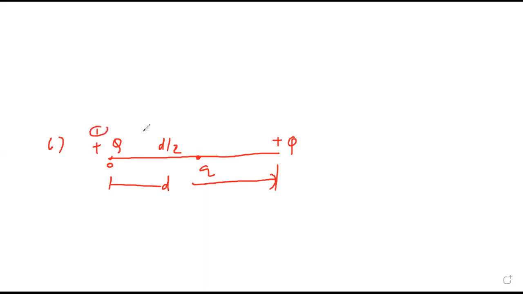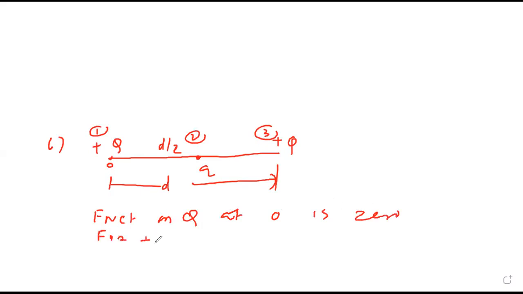So if I call this as first charge, second charge, third charge, F net on q at O is 0. That means force acting on first due to second plus force acting on first due to third, total is 0. So force F12 is same as minus of F13.